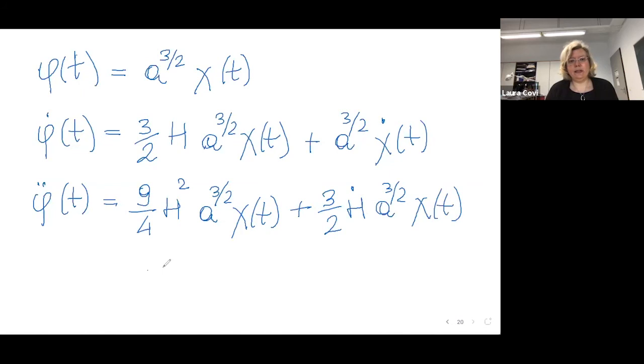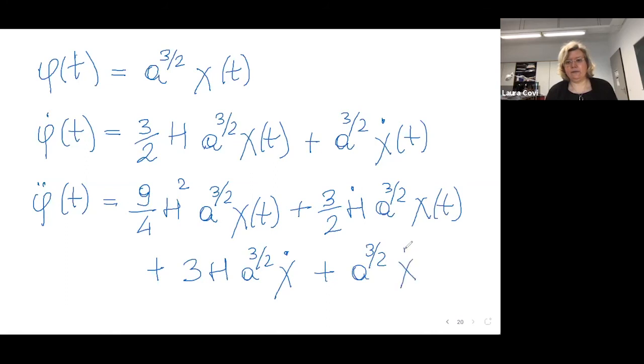And since you can derive also this scale factor once, you have actually 3H a 3/2 chi dot. And then you have here the second derivative, chi double dot.